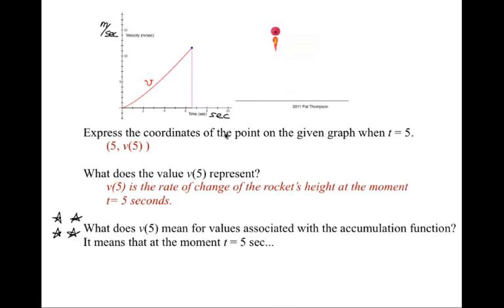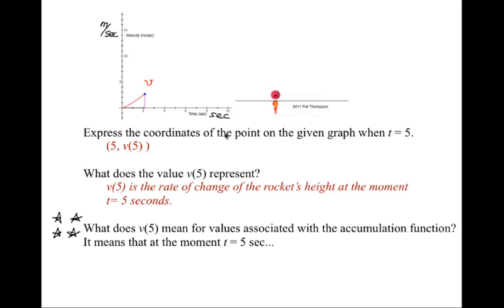Okay, so at the moment at t equals 5 seconds, v of 5 is the rate of change, so you multiply the rate of change by some differential in x to get the height. To get the height? Or to get the change in height. Okay, yeah, he's onto it, right?